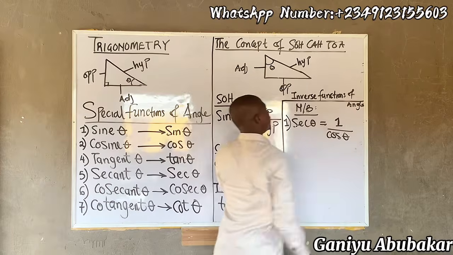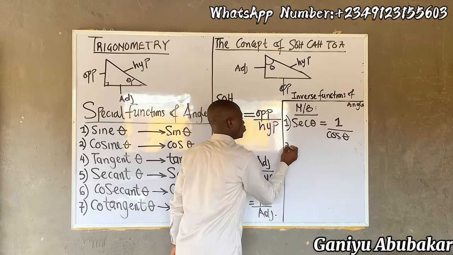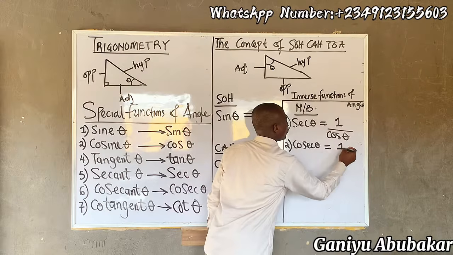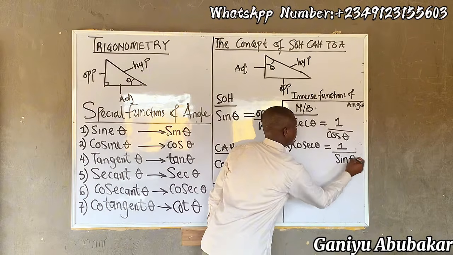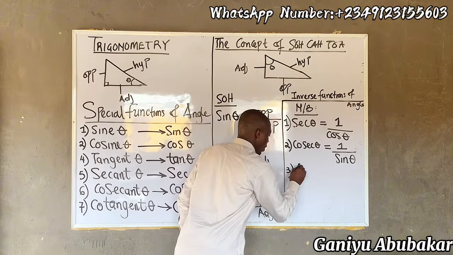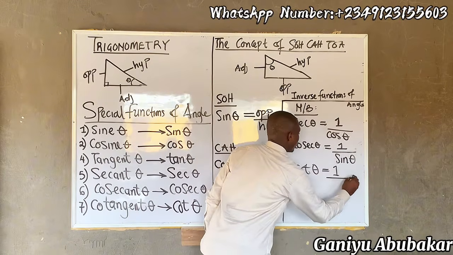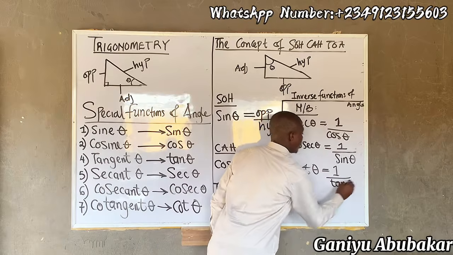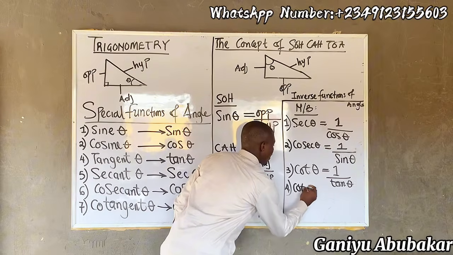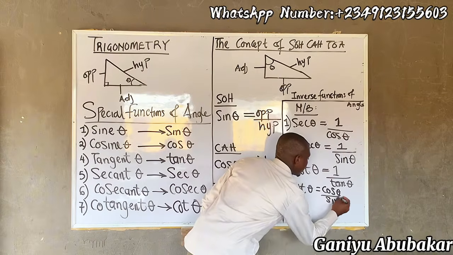Number 2 is cosec theta, which signifies 1 over sine theta. Number 3 to note is that cot theta signifies 1 over tan theta. Also note, number 4, that this same cot theta can be expressed as cos theta over sine theta.